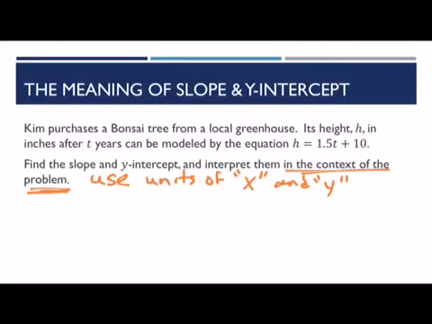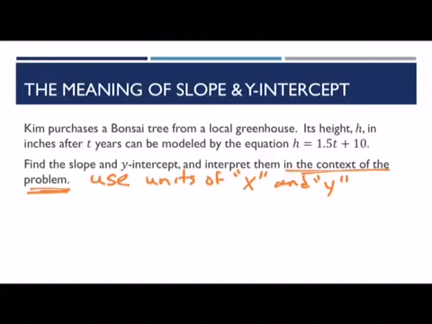Okay, so in this first example, Kim purchases a bonsai tree from a local greenhouse. Its height h in inches after t years can be modeled by the equation h equals 1.5t plus 10. In this equation we've used different variables, h and t, instead of y and x, but you can see that this equation looks like slope-intercept form.